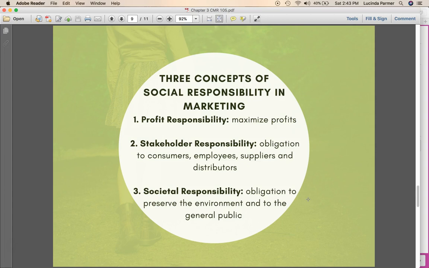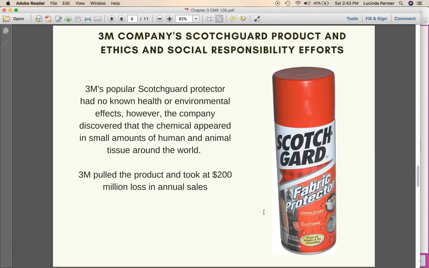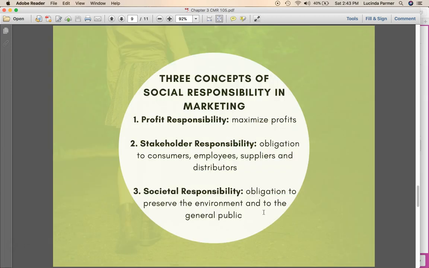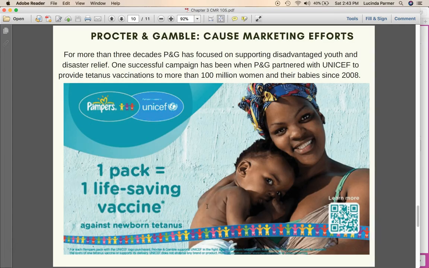The company needs to be responsible for them and getting them paid and keeping them employed so they can live and survive. And there's the societal responsibility to preserve the environment and the general public, as with what 3M did. Some chemical plants have gotten into trouble because they've produced pollutants that have caused cancer in people. So that was definitely not behaving socially responsibly.